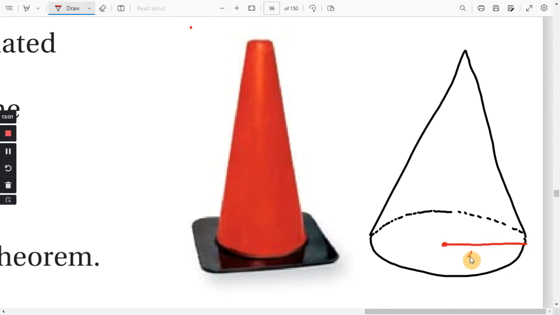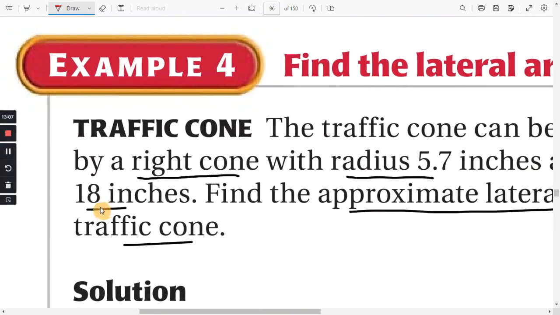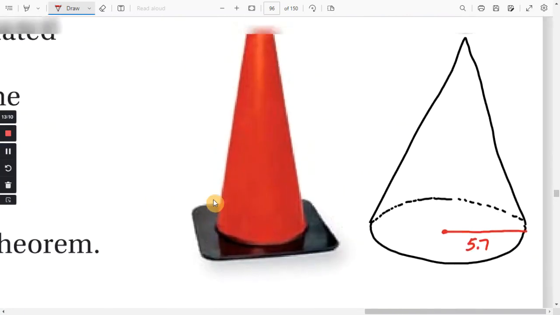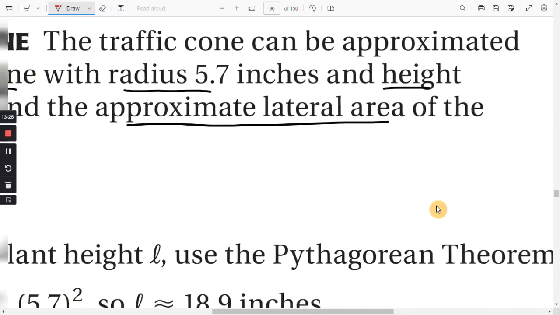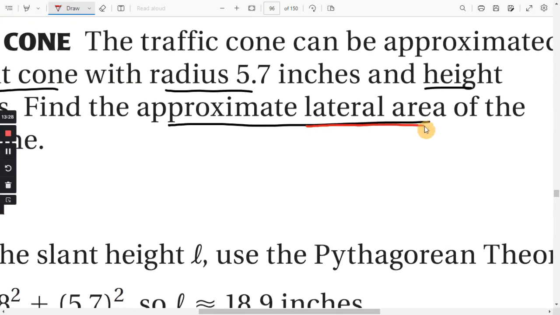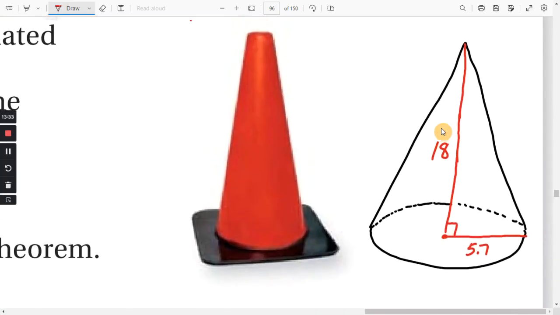So I'll draw that in a different color. The radius starts here and goes to the circle. That's 5.7. And they said the height of the cone, they said the height is 18 inches, so we can draw that as well. The height just goes from the vertex. For a right cone, it goes right to the center of the circle, and it makes a right angle. And they said that's 18. All right. Now, they only asked us for the lateral area, not the surface area. So we might be in business.